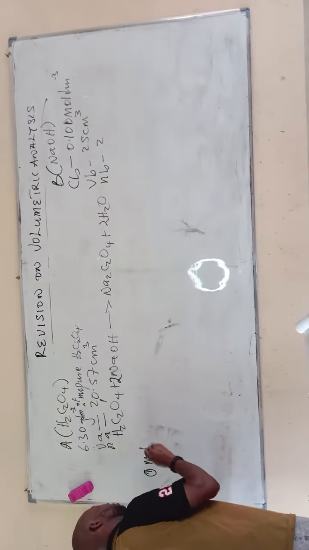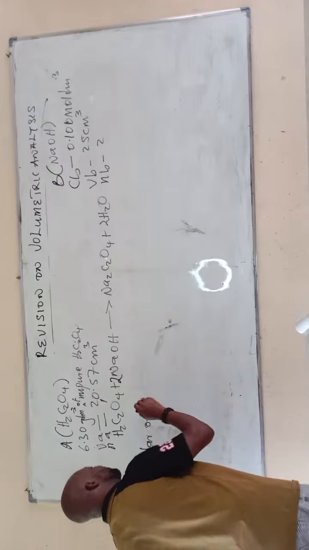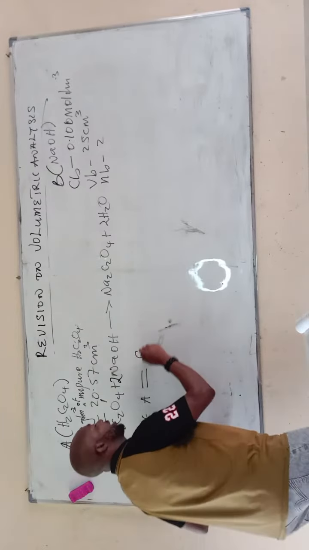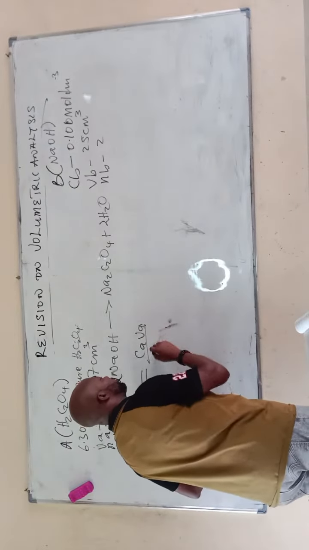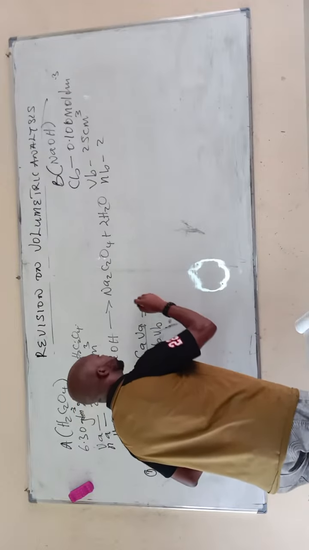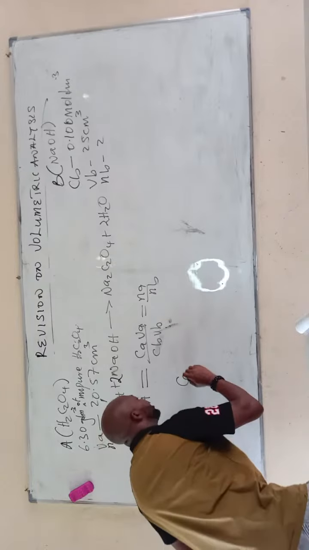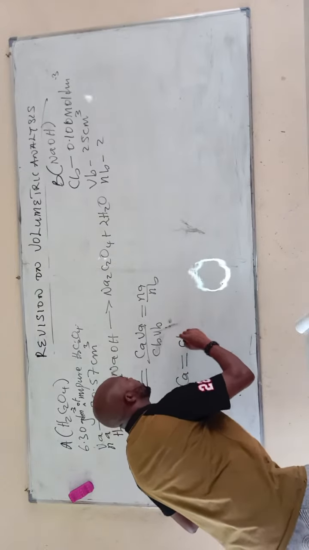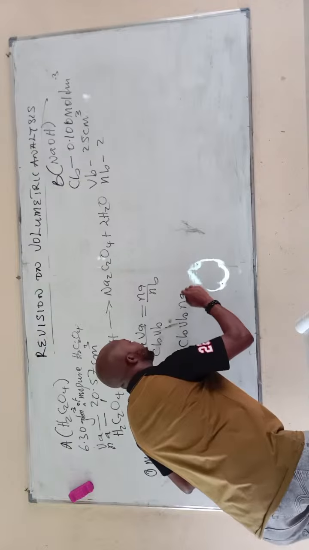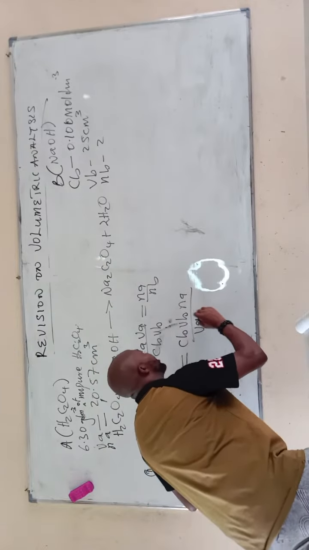Molar count of A. We use the formula CAVA over CBVB is equals to NA over NB. And we're looking for CA, so my CA is equals to CBVBNA over VANB.